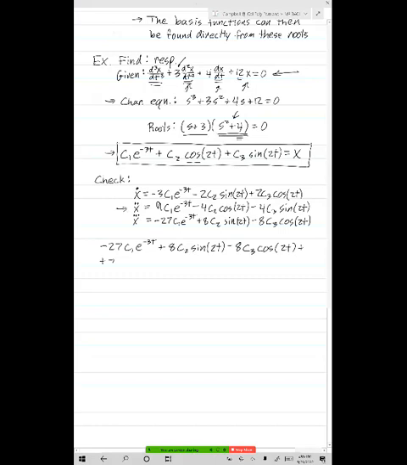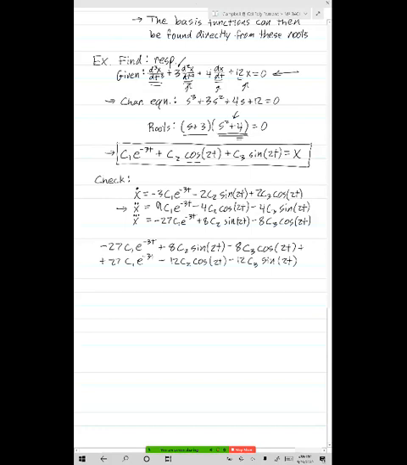So we get a positive 27 C1 e to the negative 3t minus a 12 times C2 cosine 2t, and then another minus 12 C3 times sine 2t.